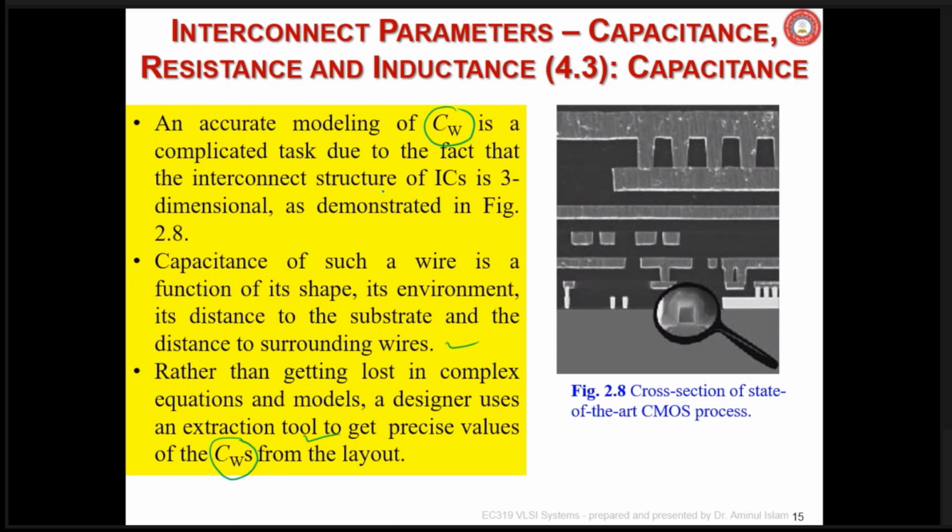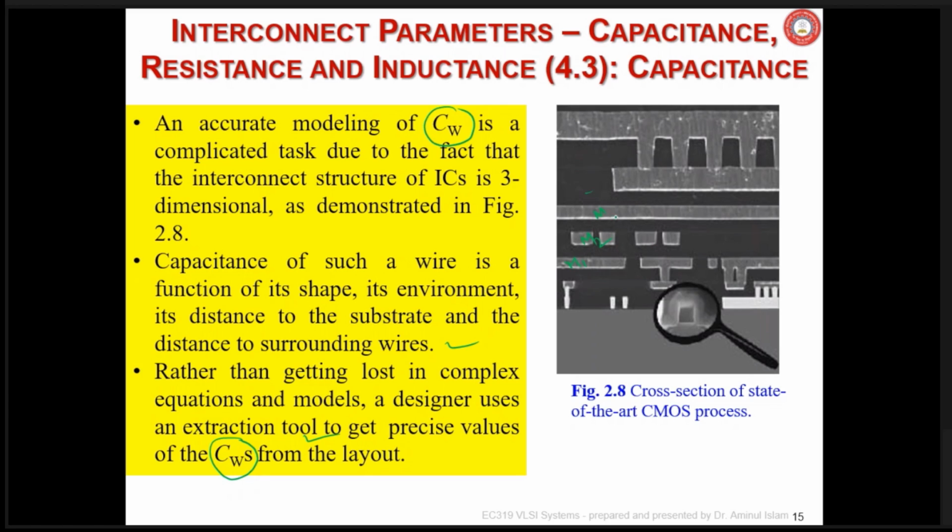An accurate modeling of wire capacitance is a complicated task due to the fact that the interconnect structure of ICs is three-dimensional, as demonstrated in this figure. This may possibly be metal 1, metal 2, or metal 3.